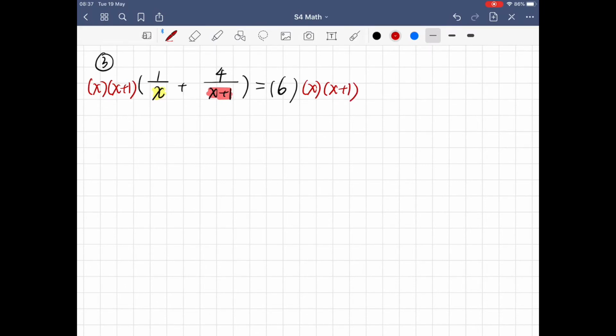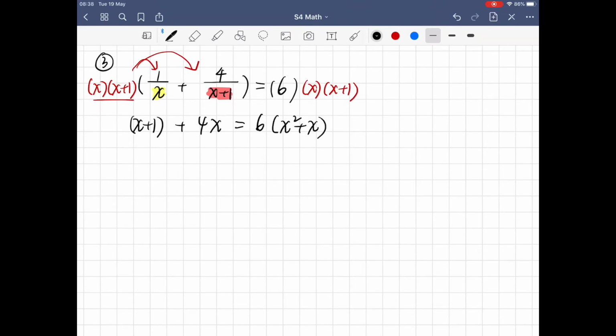Okay, so therefore, for the left hand side, we can multiply the term back into the brackets, so that we have x plus 1 plus 4x equals 6 times x squared plus x.